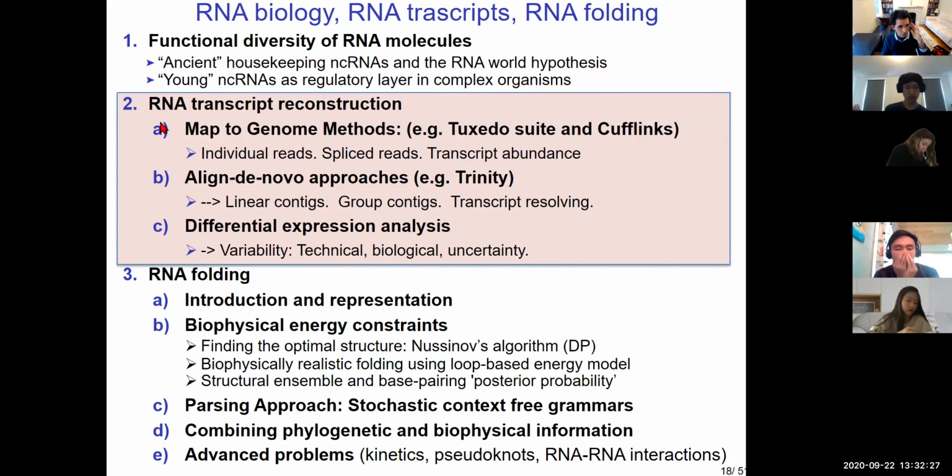Today, we're going to dive into what gave us these values in the first place. So how do we reconstruct transcripts? We're going to look at how modern methods that start with RNA sequencing can infer gene expression levels, and then how to reconstruct transcripts, how to reconstruct transcripts even without a genome, and then how to predict differential expression using a lot more information than simply the number of reads.